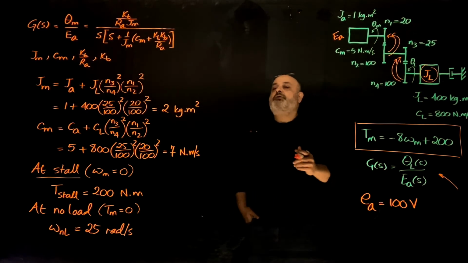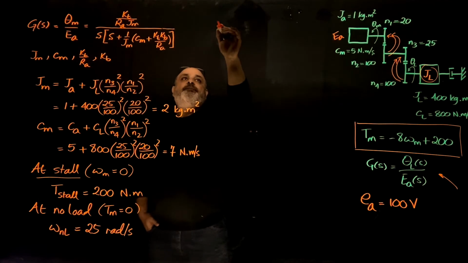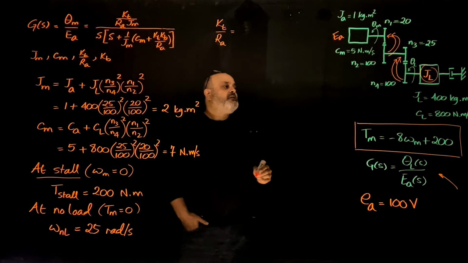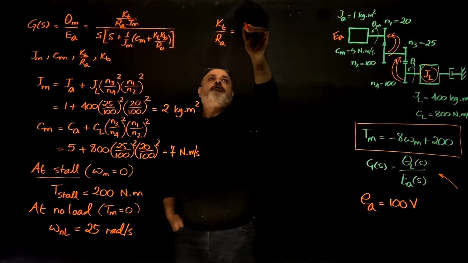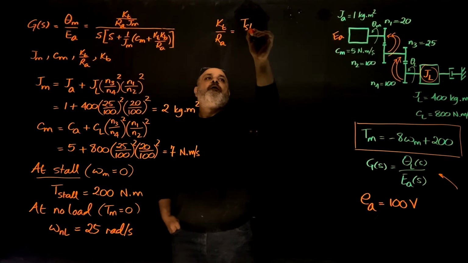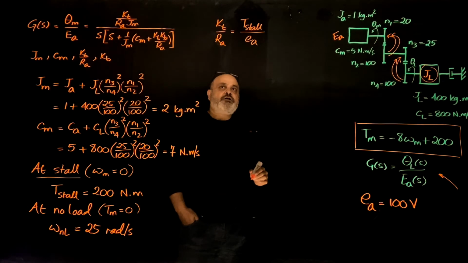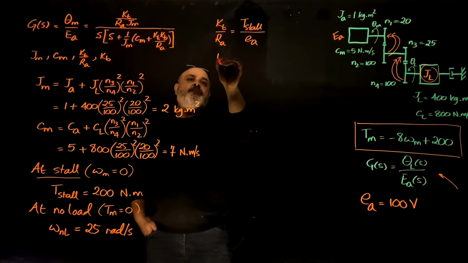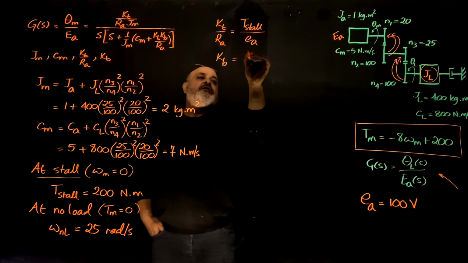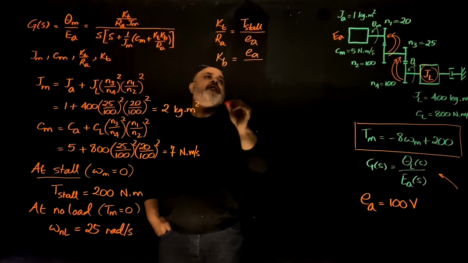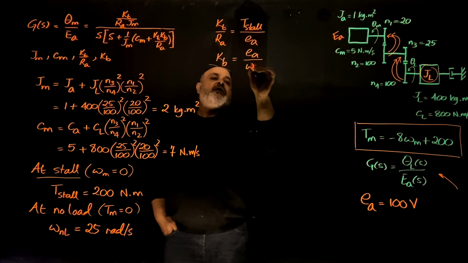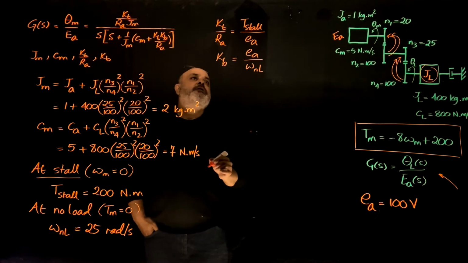So now K T divided by R A is stall torque divided by test voltage, and K B is the test voltage divided by omega no load.